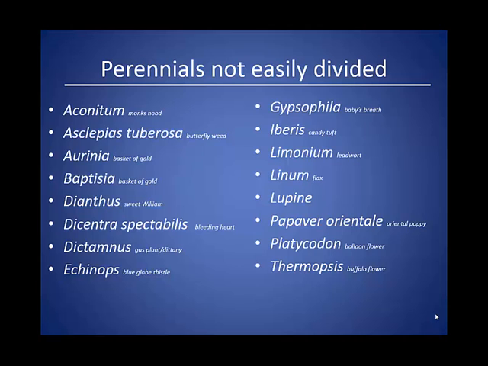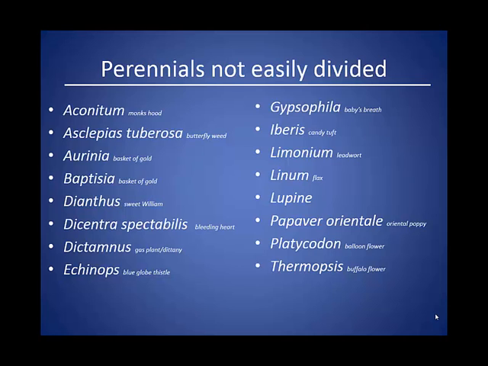There's other ways to propagate these, like butterfly weed. It has a very long taproot, so it's not easily divided, but it readily grows from seed as long as they have gone through a cold period. Baptisia, that is not basket of gold, that is false indigo, so that's an error on the slide there.